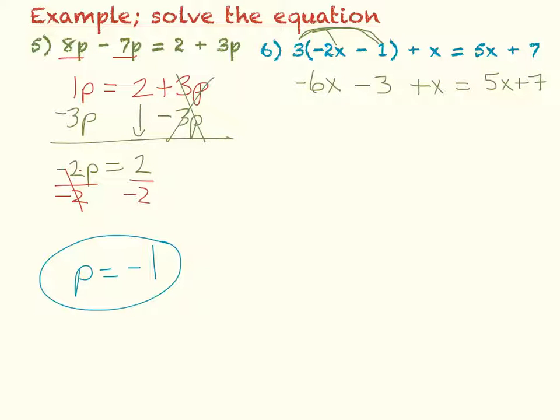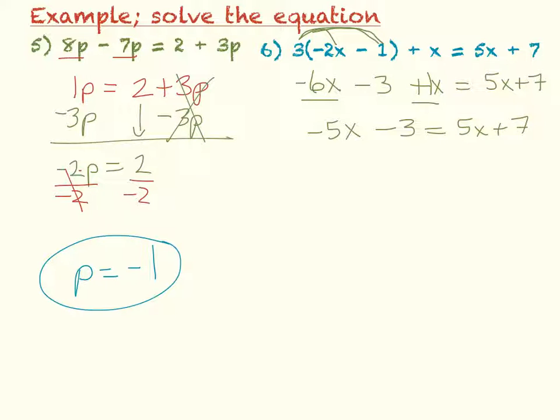Okay, so now I combine my like terms on this side of the equal sign, giving me negative 6x plus x, or 1x, is going to be a negative 5x minus 3 equals 5x plus 7.